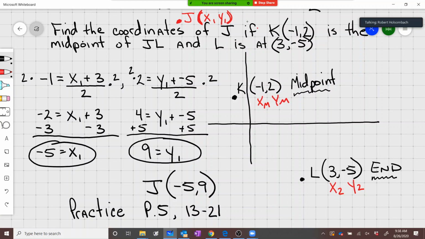Now, the space provided in these workbooks isn't large enough to do your work, so you're just using the workbook to get the problem. When you're finding these midpoints and using the distance formula, I expect the work that you're doing to look just like mine in the notes. Step by step by step by step. Because if you need help and you're not putting down every step on paper, I can't help you because I don't know what you did.